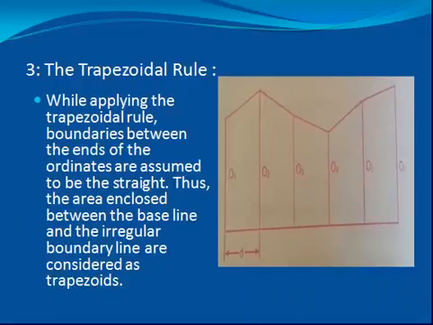Now the trapezoidal rule. While applying the trapezoidal rule, boundaries between the ends of ordinates are assumed to be straight. Thus the areas enclosed between the baseline and the irregular boundary line are considered as trapezoids. As shown in the figure, let O1, O2, O3, O4 up to On be the ordinates at equal intervals along the chain line, and let D be the interval between them.